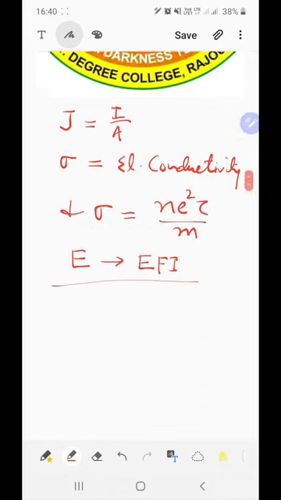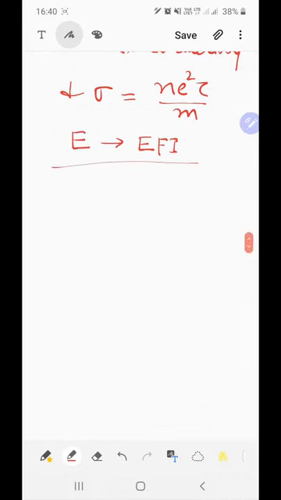In your class 12th, you have proved that the potential difference V applied across the ends of a conductor is equal to the product of current flowing through the conductor and resistance of the conductor, which is V is equal to IR.